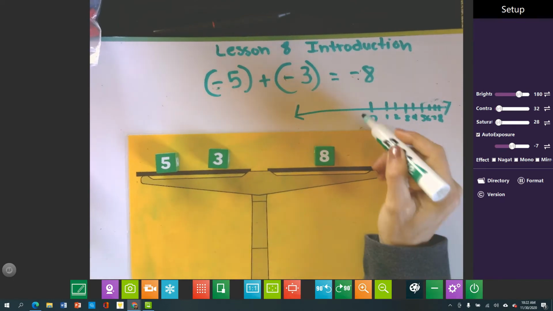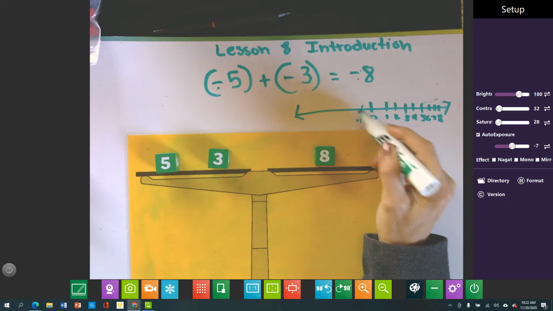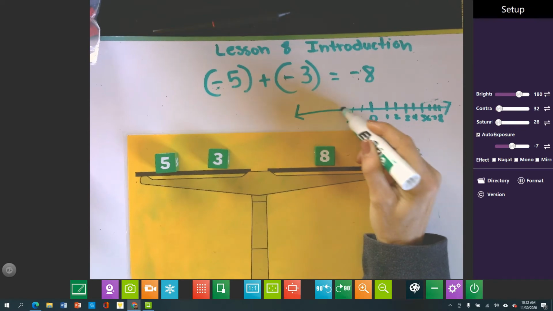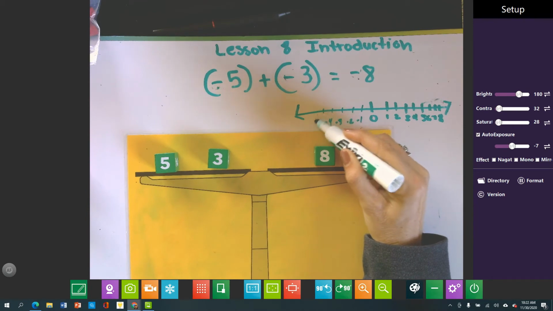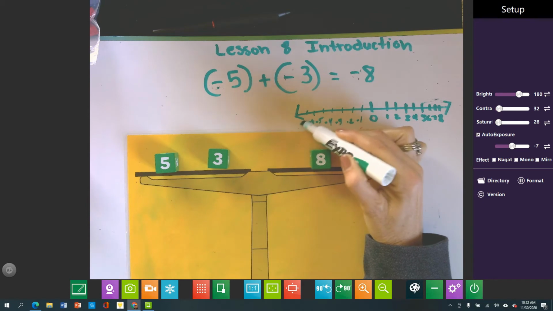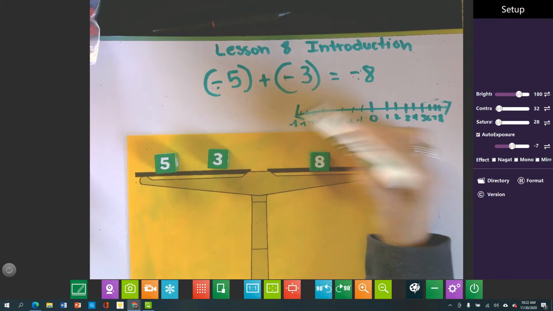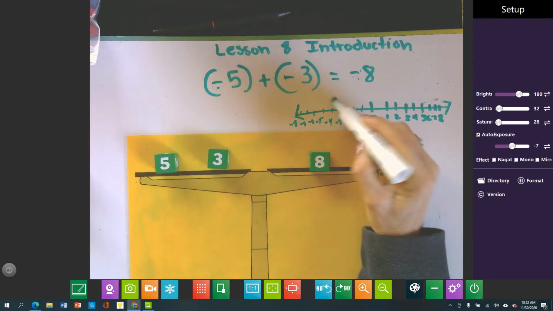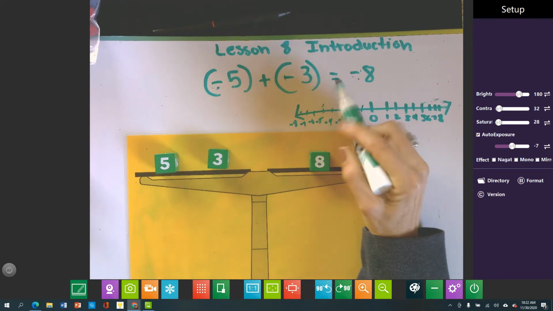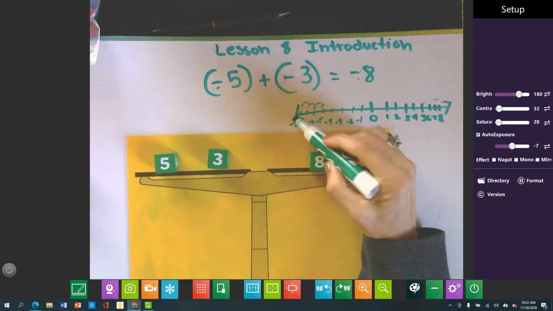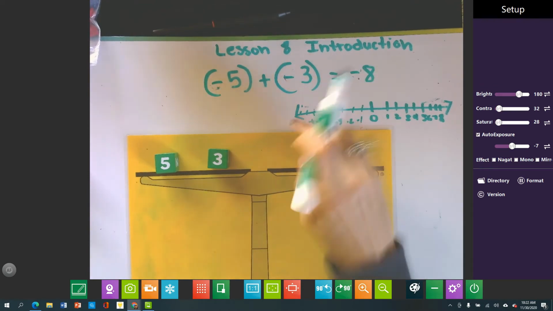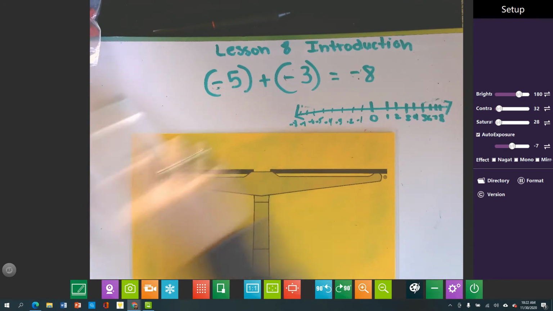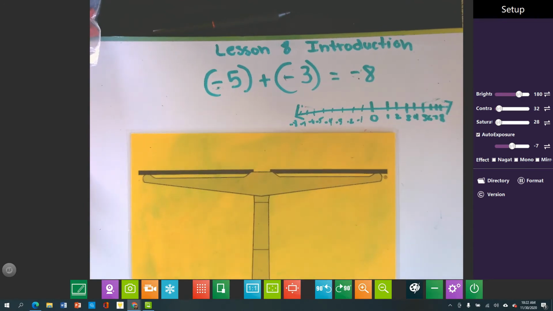So here's 0, and this would be negative 1, negative 2, negative 3, negative 4, negative 5, negative 6, negative 7, and negative 8. Okay, so we started out at negative 5, and we went down 3 more. 1, 2, 3. That brought us to negative 8.